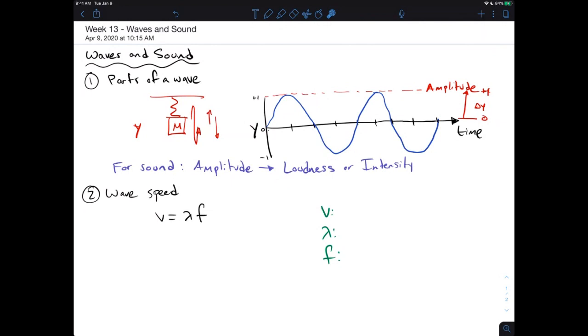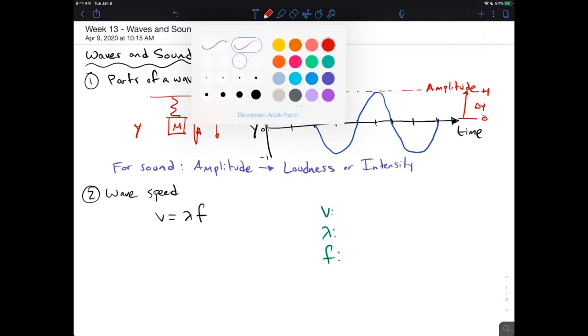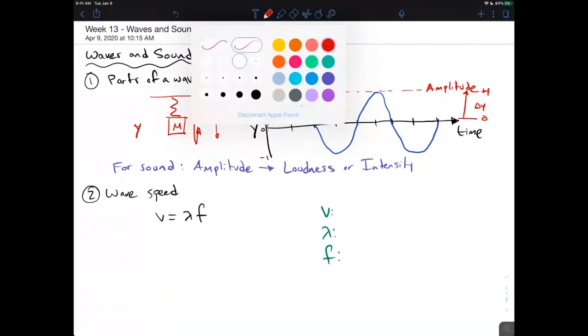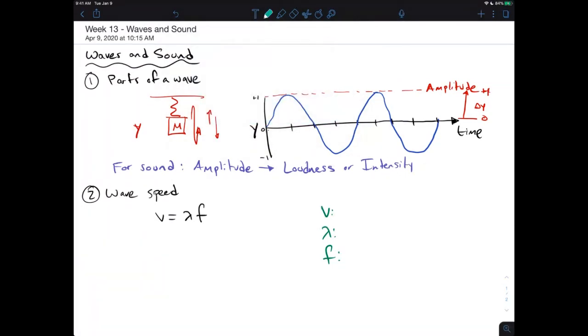So that's our amplitude. Next, what we're going to talk about is my wavelength. Let me make this a different color here. I'm going to write it up here. Wavelength. The symbol that I give this is lambda.